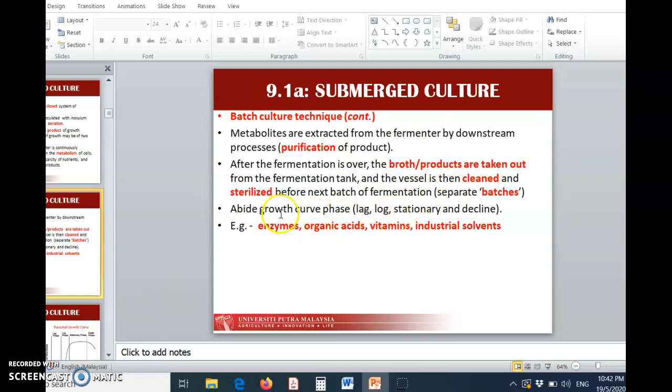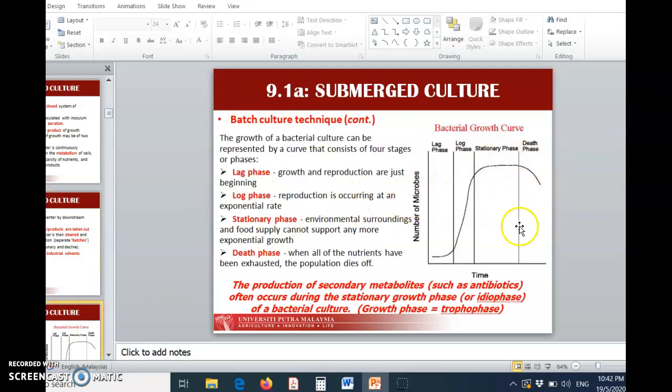It will follow the growth curve phase of bacterial growth. I'm sure you learned about this bacterial growth curve during your undergraduate years. As you can see, we will have 4 distinct phases. The first phase is lag phase, where the bacteria are adapting to the condition, so the growth is static. The second one is log phase. After the bacteria adapt to the condition, they will start doubling and produce more bacterial cells.